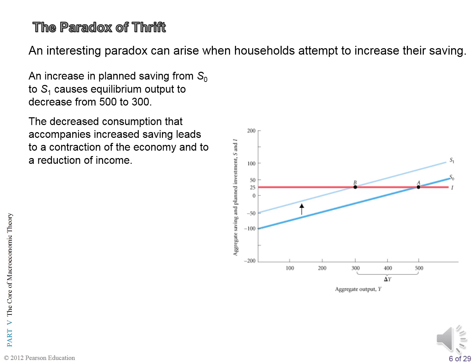Okay, the autonomous part will increase from negative 100 to negative 50. So the saving function will shift upward from S0 to S1.